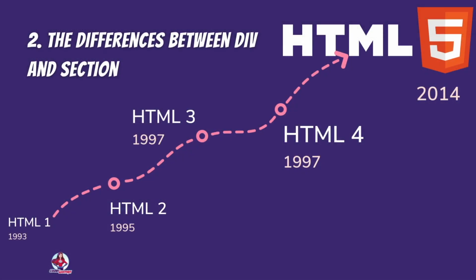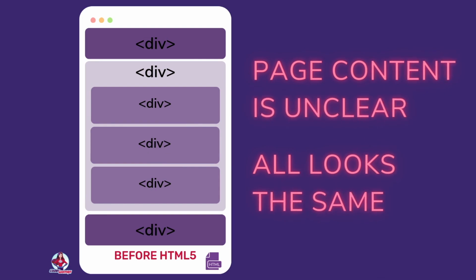It's a great moment to talk a little about Semantic HTML. As you remember, HTML had several versions till HTML5. In the past, using div elements to structure everything on web pages was very common. But it wasn't very helpful for search engines and people who use screen readers to browse the page. As we mentioned earlier, the div element has no specific meaning, so it was hard to differentiate between elements.